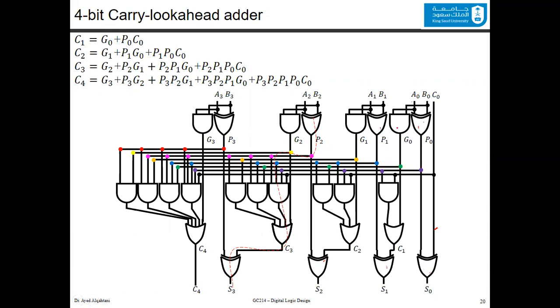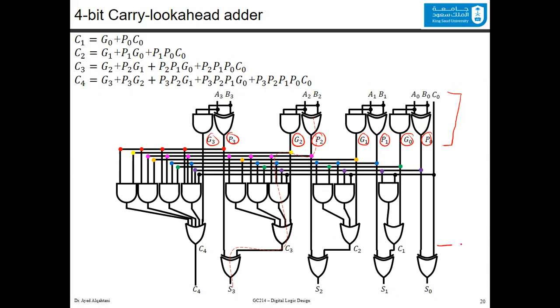Also, you see that there is a good organization in the carry look-ahead addition. In this stage here, we have the propagation and generation of base cases. We have P0, G0, P1, G1, P2, G2, P3, and G3, which is the XOR and AND gates for each stage. So this group is the propagation and generation only.